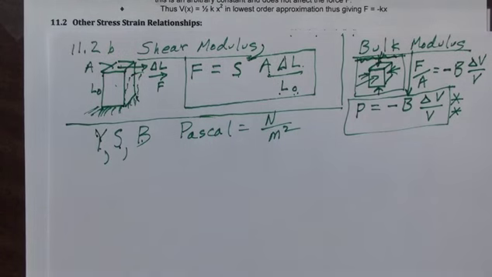So these constants are going to have the value of pascals for their units. So we can say in conclusion that Y, S, and B, that's the Young's modulus, the shear modulus, and the bulk modulus, all have units of Pascal, which is the same as a Newton per square meter, or pressure.